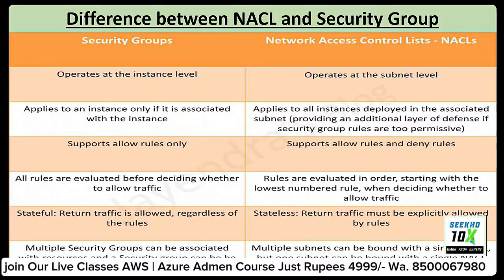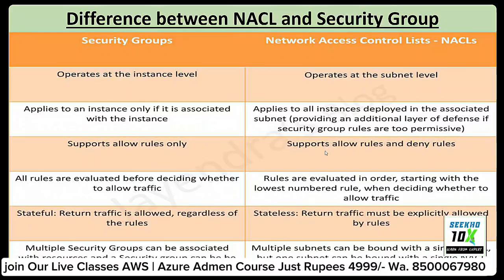It provides an additional layer of defense if the security group rules are too permissive. A security group supports allow rules only. You can see here it supports only allow rules; it won't support a deny rule.